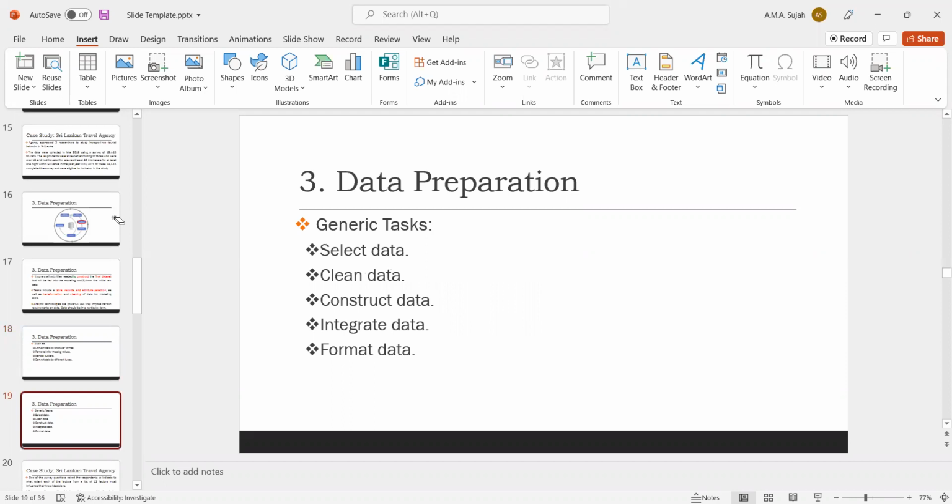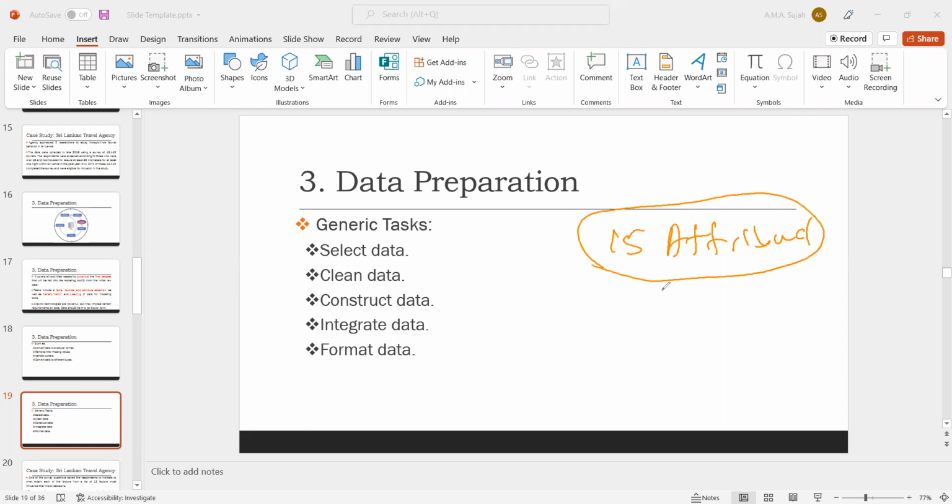If you think about the generic task, first of all, we must select the data. Let's say we have 15 attributes we are collecting from diabetic patients. We can't use these 15 attributes to cluster the diabetic patients.